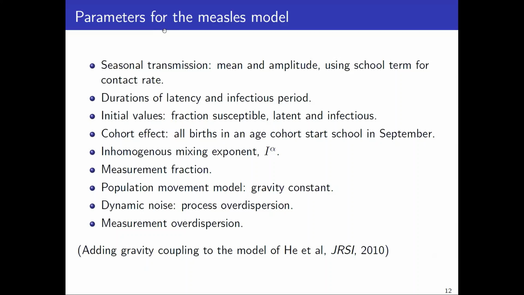When you're writing down these models, you have to figure out what biological complexities you need to explain everything that's going on. It turns out that putting in term time transmission, a transmission that's higher when school is in and lower when school is out, is the key for getting good models for these measles data.